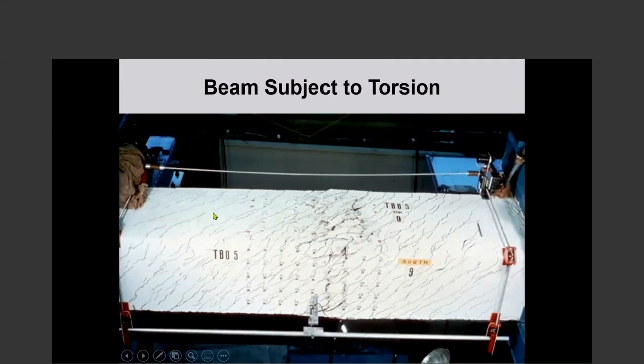We are all familiar with spirals, and spiral cracking is characteristic of torsion. When you see spiral cracking, you know that torsion is causing it. And in those diagonals, there is compression. The concrete diagonals between the cracks are in compression. Those are compression members.